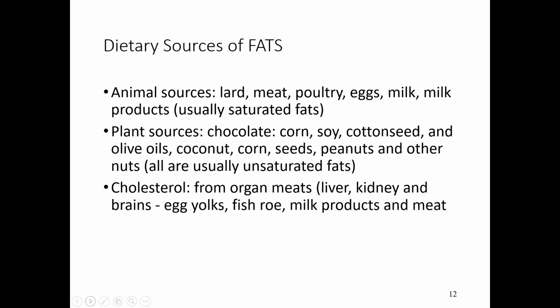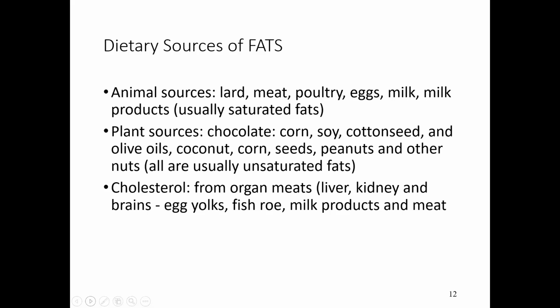We get cholesterol from the egg yolk, not from the white. We have fat in milk and milk products, the cream in the milk, whether it's whole milk or 2% or 1%, there is fat contained in there. Milk products contain saturated fats. Butter is a milk product, and butter is made up of saturated animal fats.